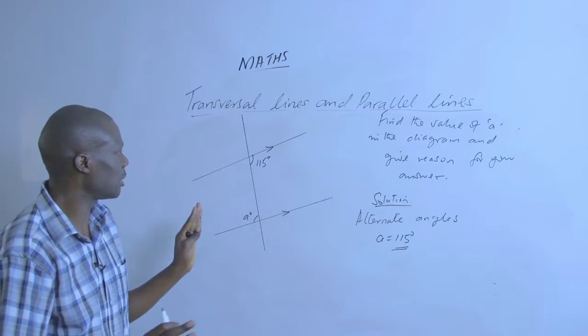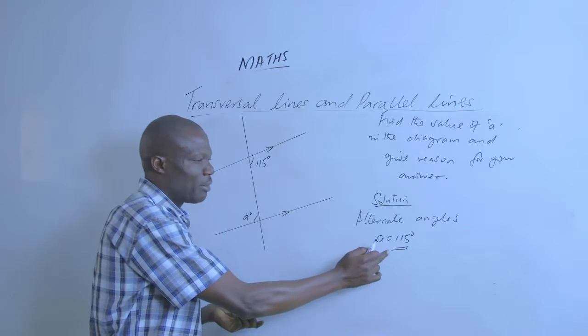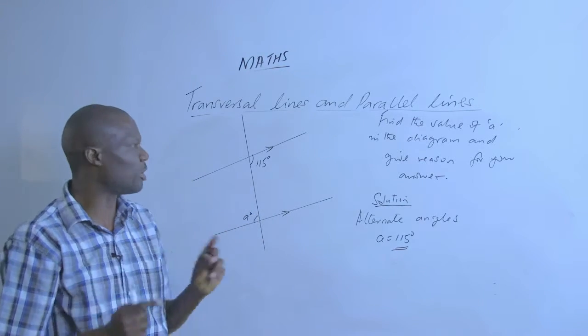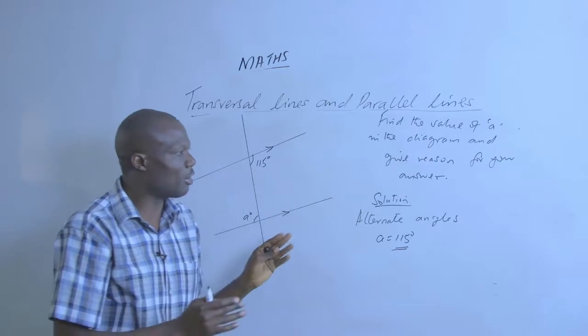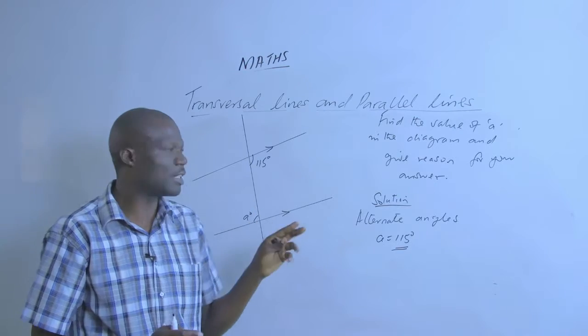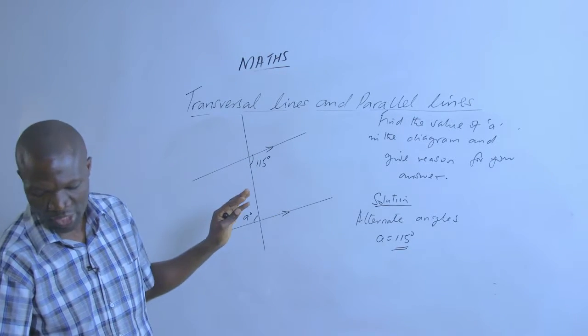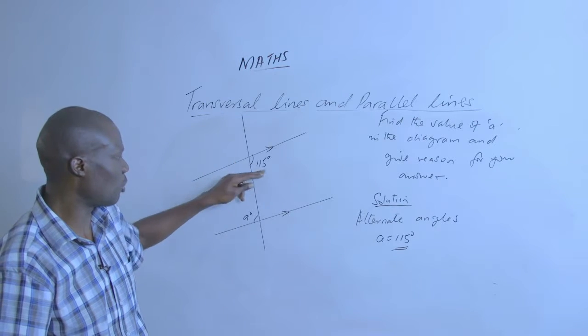That's what it is. We have identified they are alternate, and we have said it is 115. Why? The reason being that alternate angles are always equal given that the two lines are parallel. So alternate angles in parallel lines are always equal.